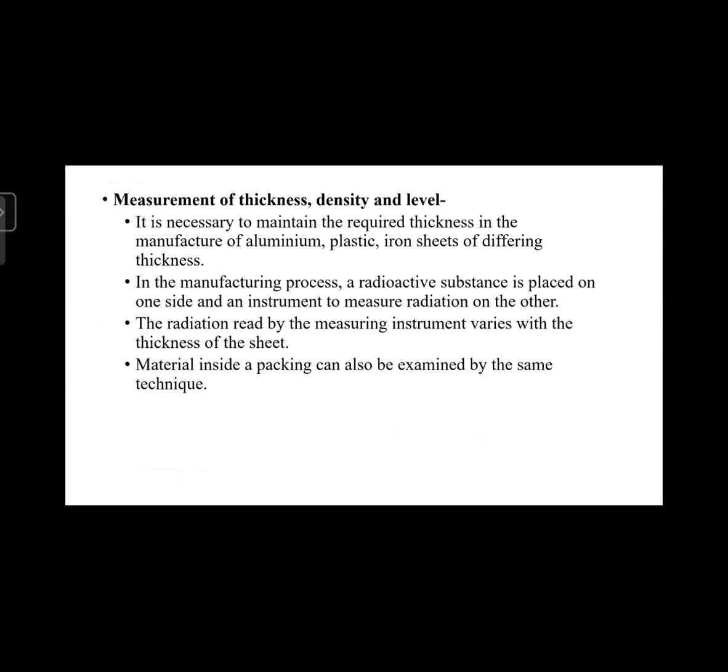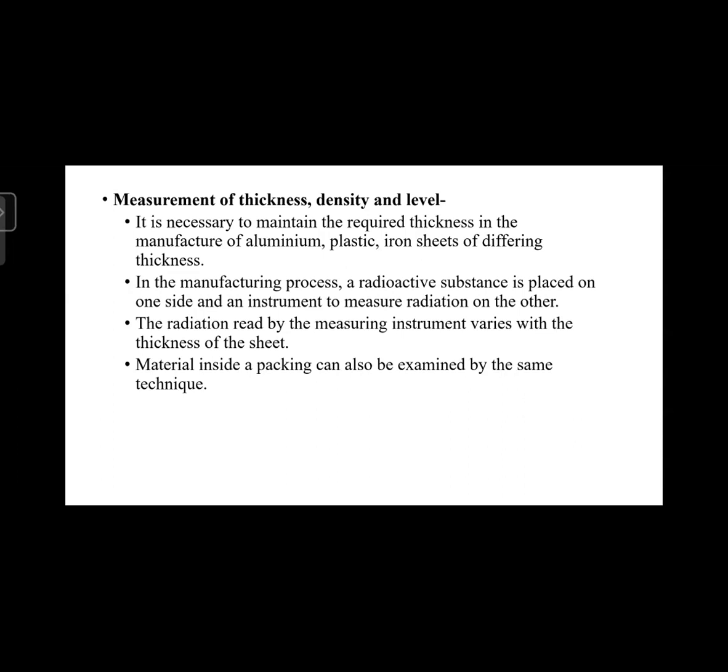It is also used for measurement of thickness, density, and level. It is necessary to maintain a required thickness in the manufacturing of iron, aluminum, plastic, and iron sheet, which are having different thickness. In this manufacturing process, the radioactive substance is placed on one side and the instrument is placed on the other side.